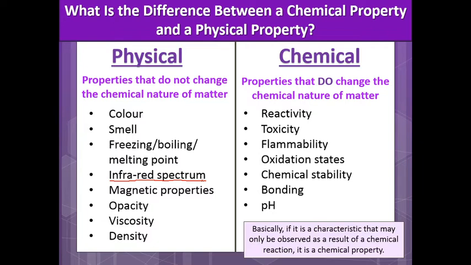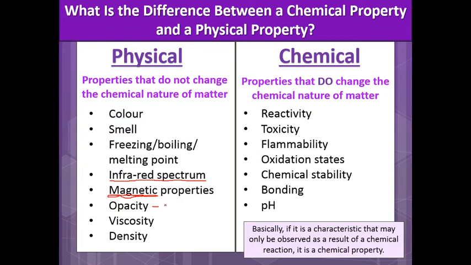Since that is based on the physicality of that compound, i.e. what bonds it has present and what the configuration of those bonds are, that is fixed until a chemical reaction happens. So infrared spectra are definitely a physical property. Magnetic properties. Now, I'm not going to go into magnetism now. If you want to read up on what makes something magnetic or not, go for it. There's some hardcore science there, and it's really interesting to look into, but it's not discussed in the scope of our course. So I'm just going to leave that there.